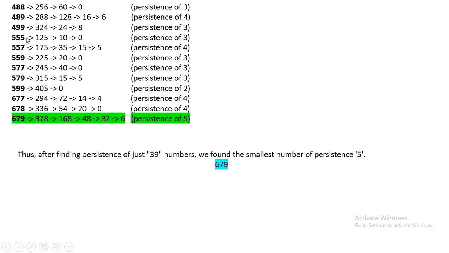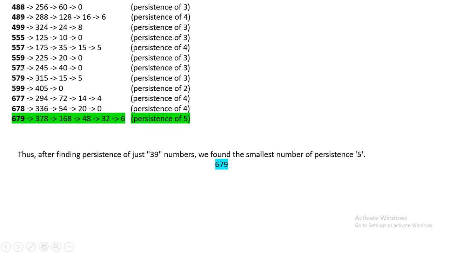From 500, 550s were included, 570s were included, and 590s were included. In 550s, we should start with 555, because 553 has persistence similar to 535, so those do not need to be checked. 555, 557, 559.